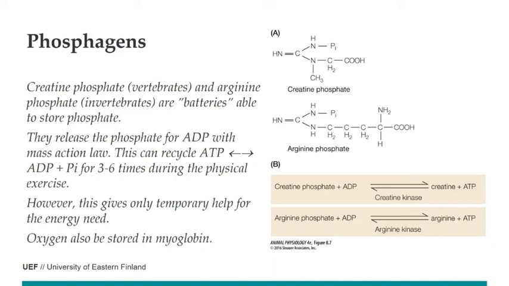And another way, besides these phosphagens, is that in the muscles we have myoglobin, which is an almost similar-sounding word to hemoglobin, but it's in the muscles, and it can bind oxygen. So we have oxygen storages. But even then, both these phosphagens and myoglobin are only temporary help.